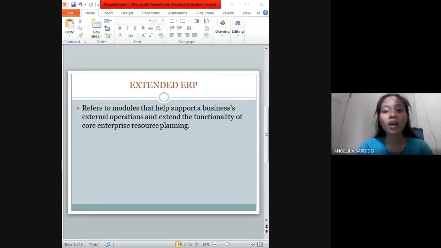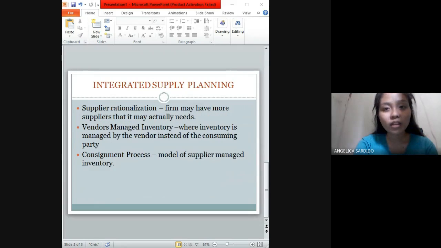Extended ERP focuses on external operations to make it easier to manage relationships with customers, suppliers, transporters, and other parties. Common extended ERP modules a business might use include supply chain management, business intelligence, e-commerce, and customer relationship management. The last one is integrated supply planning.